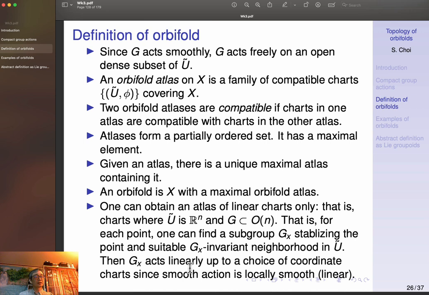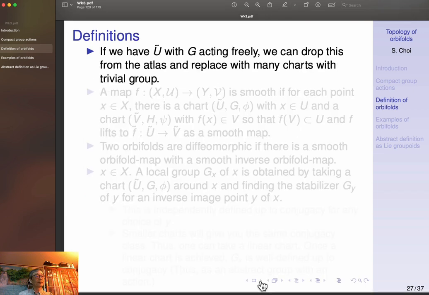Then G_x acts linearly, up to choice of coordinate charts, because a smooth action is of course locally linear, as we saw in Bredon's book. So we can always find an atlas with linear charts. If you have Ũ with G acting freely, then we can drop it from the atlas and replace it with finitely many charts with trivial group. That's again very easy.